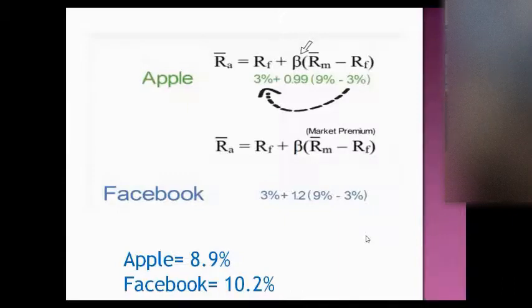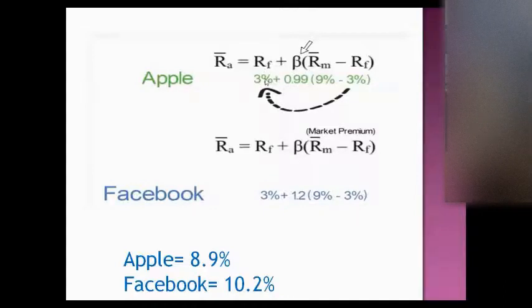Okay, 3% plus 0.99 times the difference between 9% and 3%. So for you to do that, you have to convert this percent, class, into decimal.